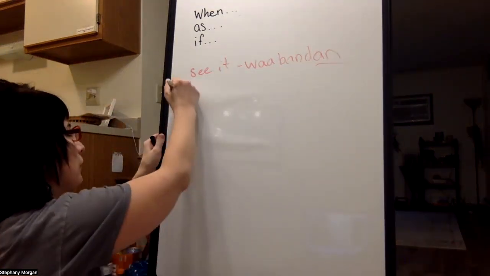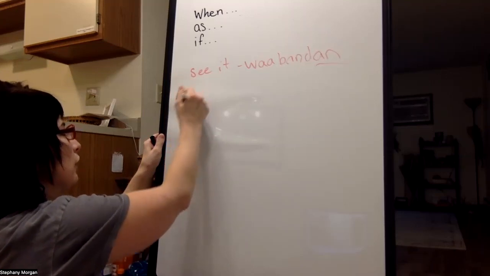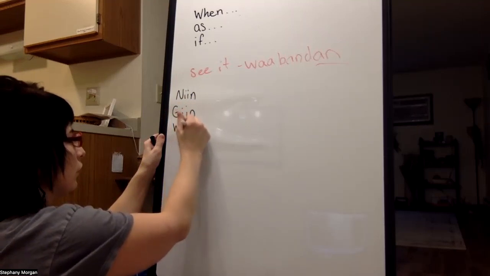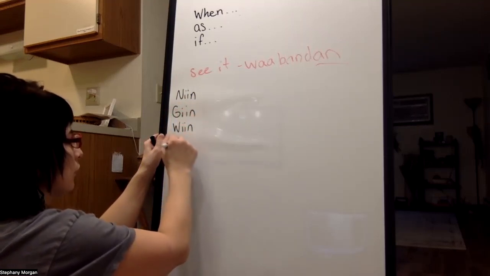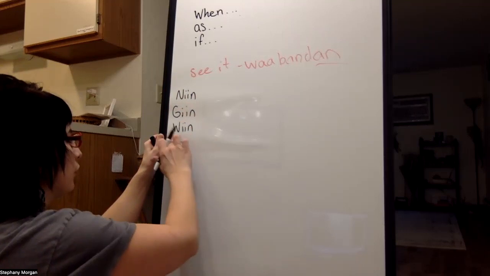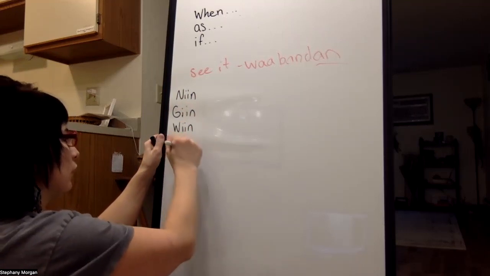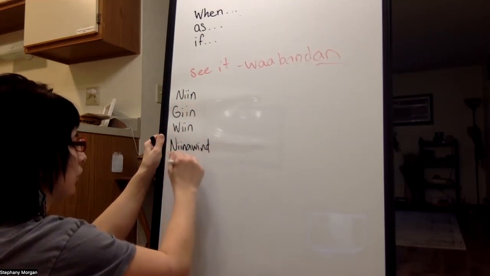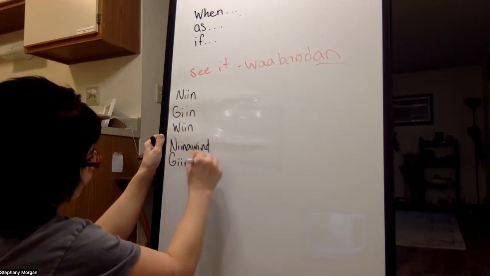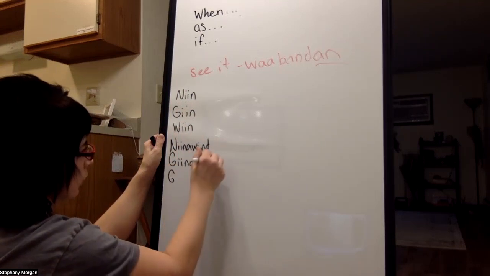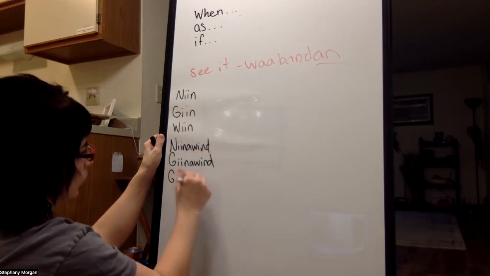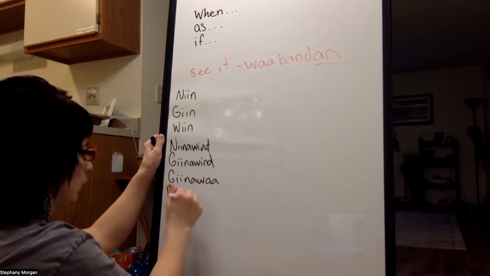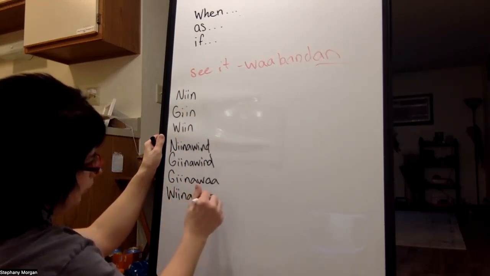Looking at your paradigms, you see ween, geen, ween, a wind, geen a wind, geen a wa, and ween a wa.